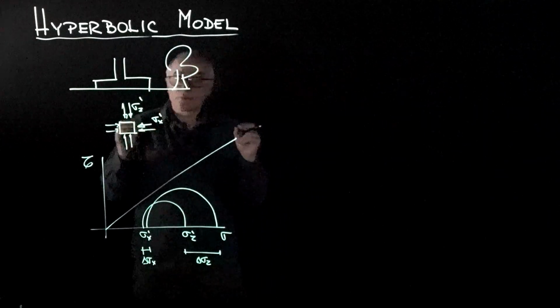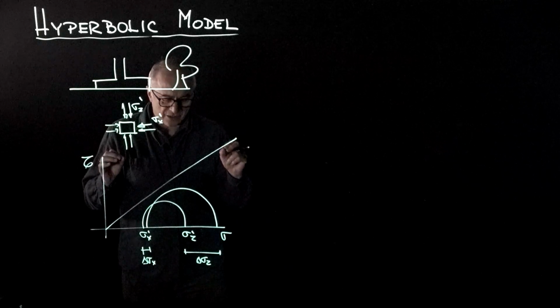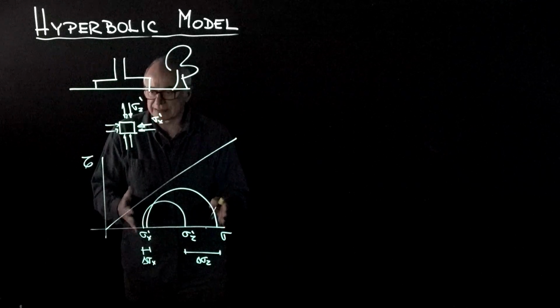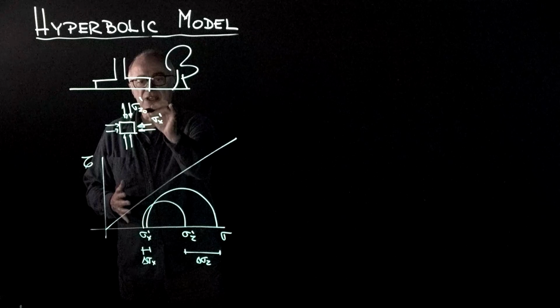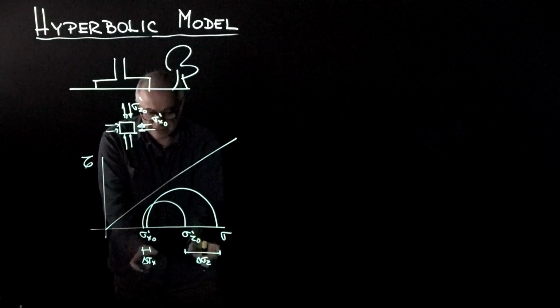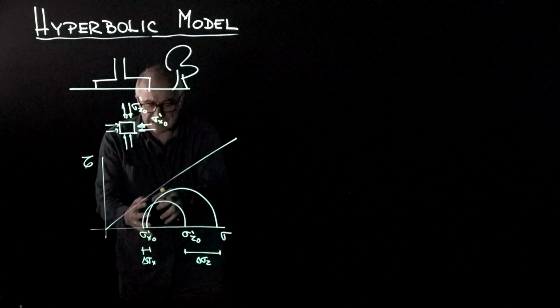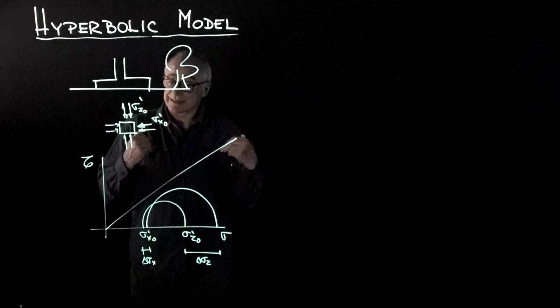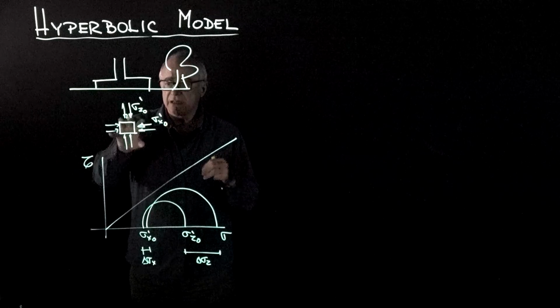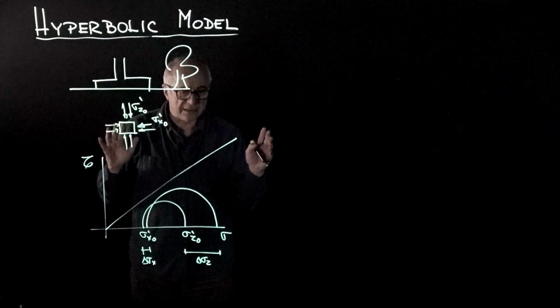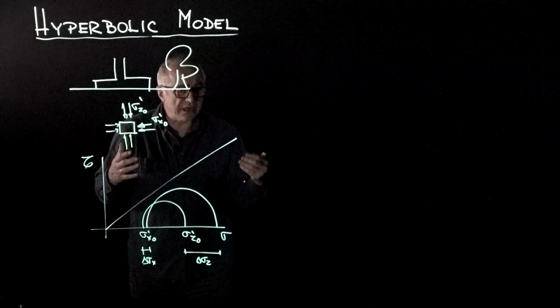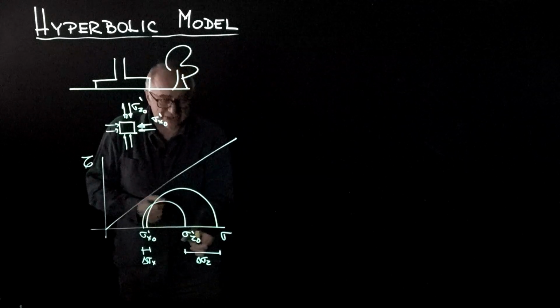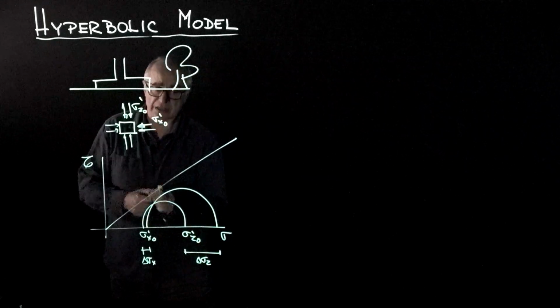Notice that from a point of view of failure, we are interested in the combined state of stress. The initial plus the additional stresses are the ones that bring the element to failure. From a settlement point of view, the initial stresses are already there. So what we are concerned about is the strains induced by the change in stress.